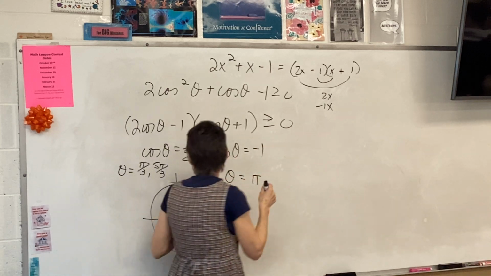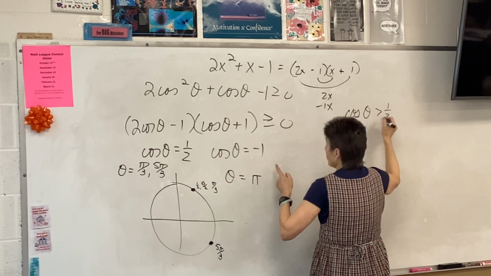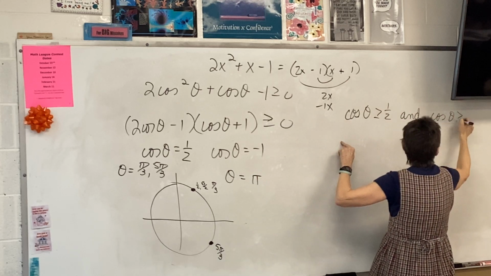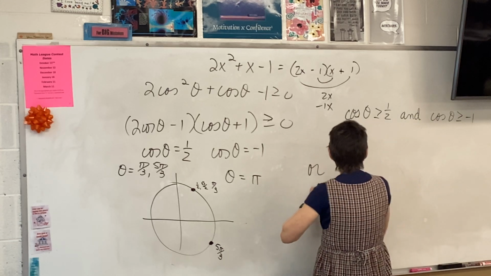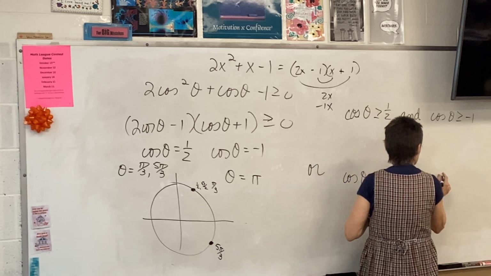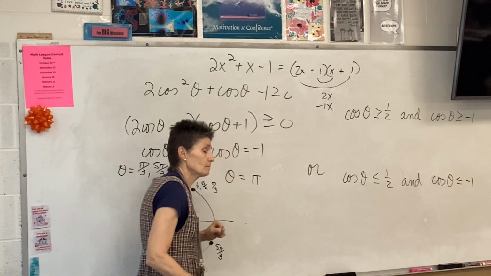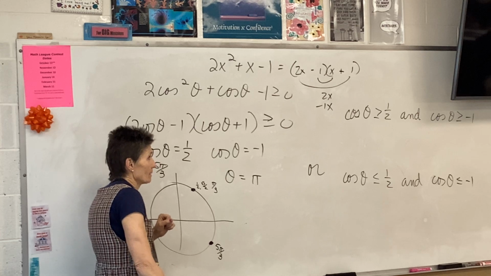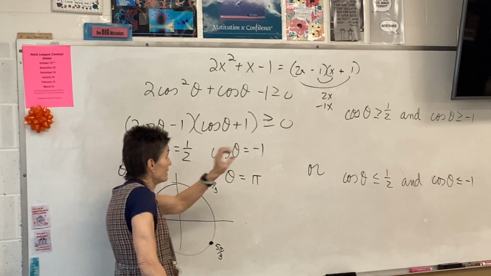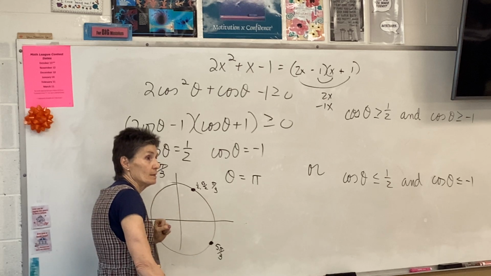Both positive, so cosine bigger than or equal to 1/2 and cosine bigger than or equal to negative 1, or cosine less than or equal to 1/2 and cosine less than or equal to negative 1. Everybody okay with that this time? Before we had 1 positive, 1 negative, because we wanted to be negative. Now we want to be positive, so we have both positive and both negative.